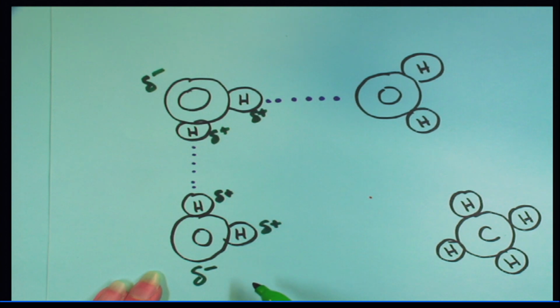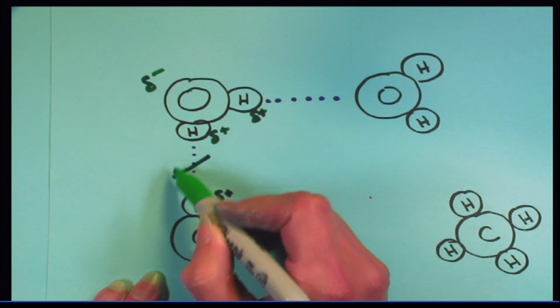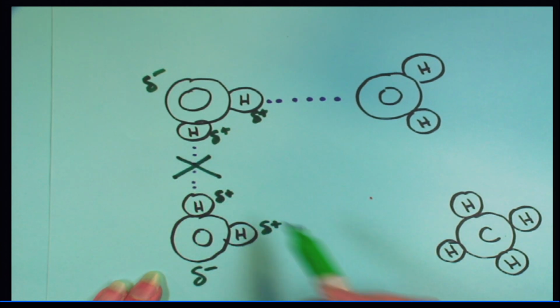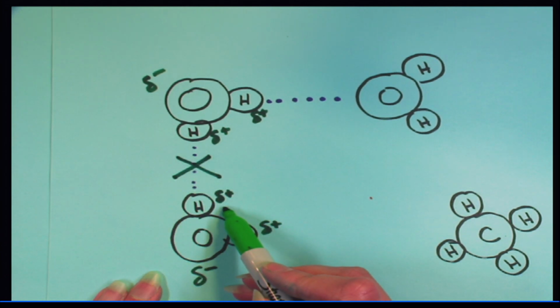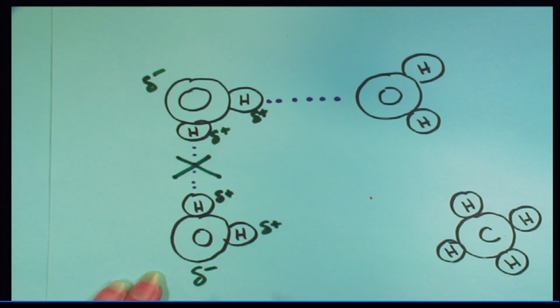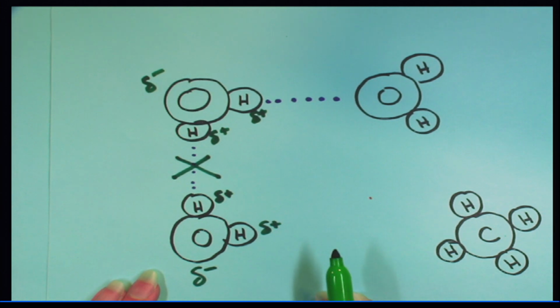Can this work? No, it cannot. This is not a hydrogen bond because we have a partially positive and a partially positive. That is not one of the criteria for a hydrogen bond. Hydrogen bonds need to be a partially positive hydrogen attracted to a partially negative something else. So these would actually repel each other and they would not form a hydrogen bond.